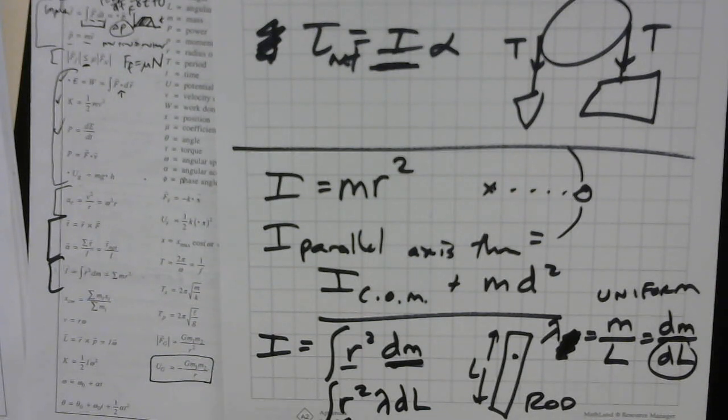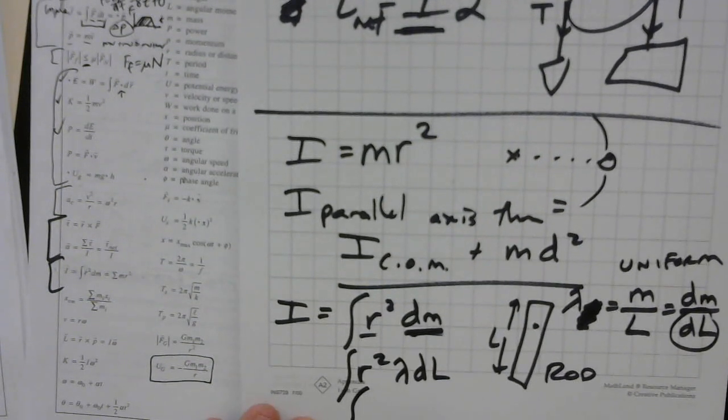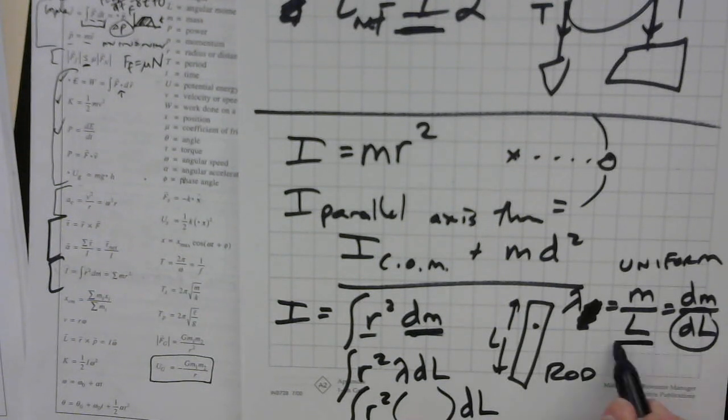And then you're like, Shmir, that's useless because a lot of times these problems won't even give you lambda already. Watch this. R squared lambda dl. Well, what is lambda? Lambda also equals mass over length. So a lot of times our strategy is to say, hey, they gave me the mass, they gave me the length, that's my density, dl.